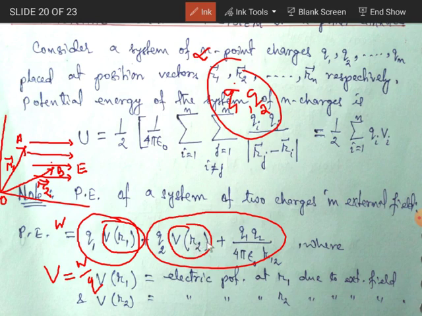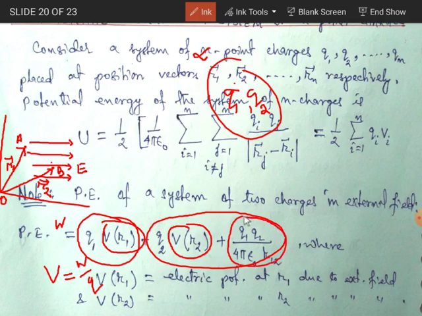So electric potential times the charge Q2. This V(R2) is the electric potential due to this external field at this point B. So V(R2) times the charge Q2 will give you the amount of work done in bringing Q2 against the external field. And this part is what part?